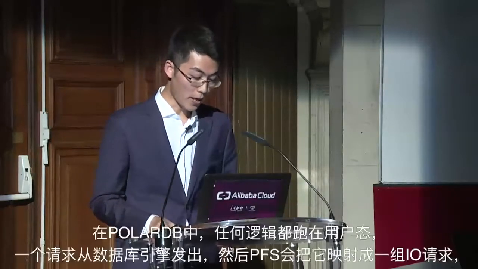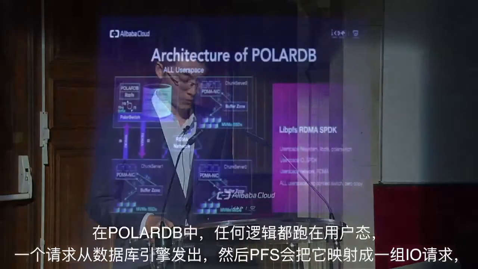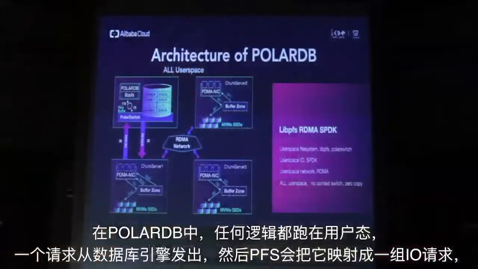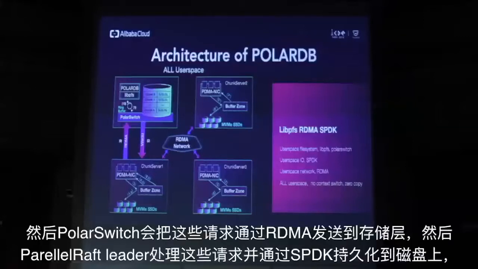In PolarDB, everything is in user space. A request is issued by the database agent. The libpfs will map it into I/O requests. The port switch forwards the I/O requests to the storage nodes. The network is RDMA, and the data is written into the remote buffer. They are handled by the P-Raft leader.